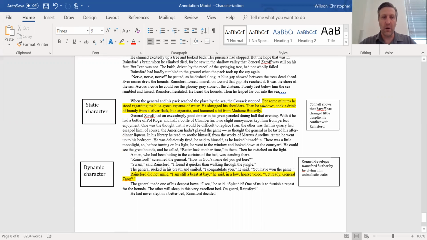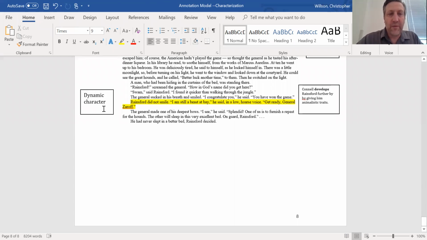You know, he comes home, stares out at the sea, shrugs a little, sits down, drinks some brandy, lights a cigarette, hums an opera. Okay, hasn't changed much. He's had this big confrontation with Rainsford and really hasn't changed. He's just still Zaroff, the old Zaroff that we've always known.